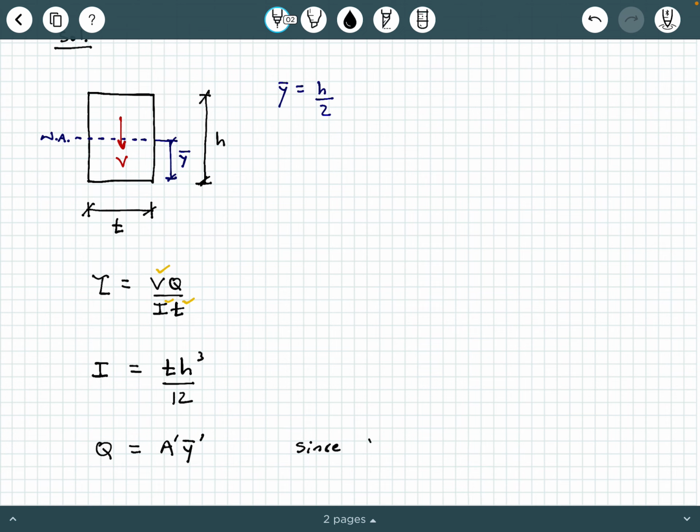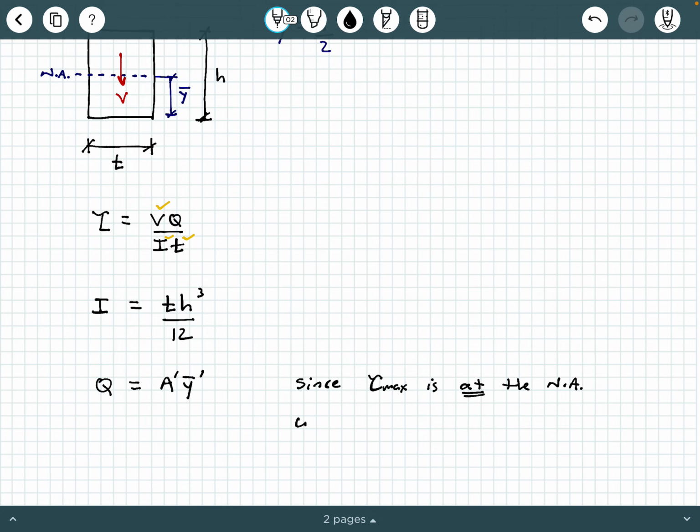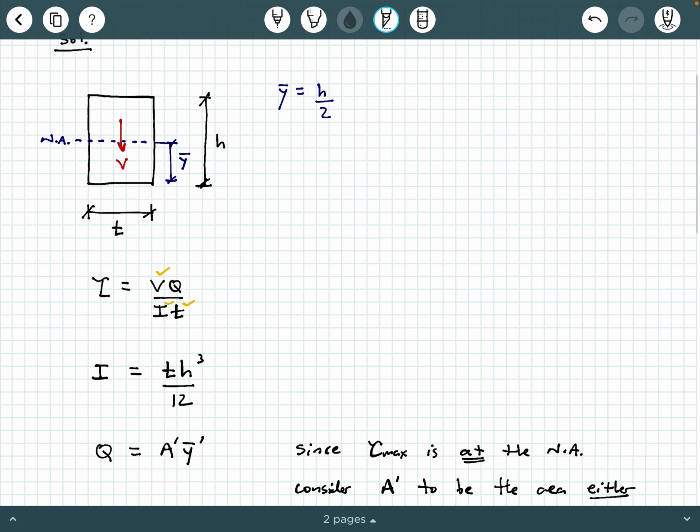Since tau max is at the neutral axis, we can consider A prime to be the area either above or below the neutral axis. Let's just look at it above. Let's take A prime to be this shaded area above the neutral axis.